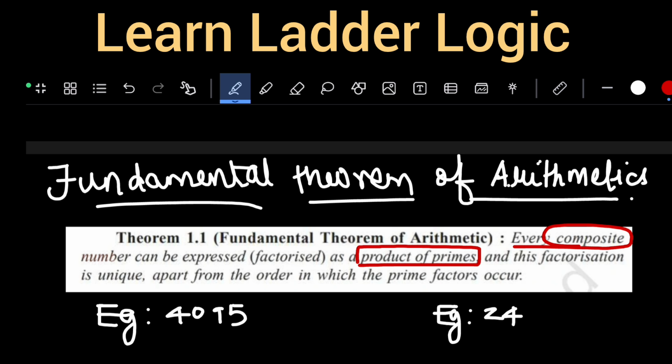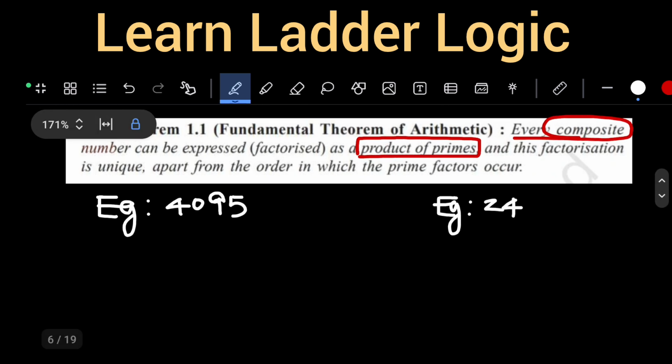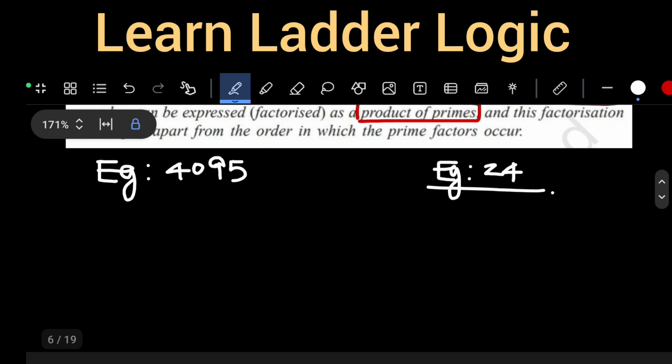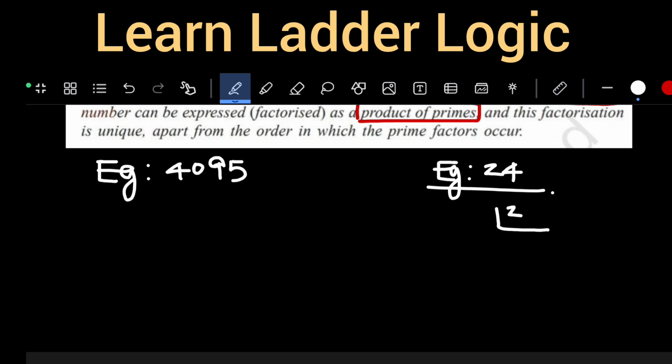Let us take two numbers, number 24 and number 4095. Okay, so let us do the prime factorization of these numbers. Let's take the smaller number first. The prime factorization of 24.